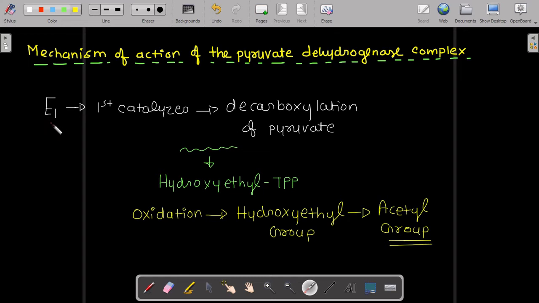Now this E1 first catalyzes the decarboxylation of pyruvate, and the decarboxylation of pyruvate results in the formation of hydroxyethyl TPP, and then the hydroxyethyl group of this hydroxyethyl TPP is oxidized by E1 and an acetyl group is produced.